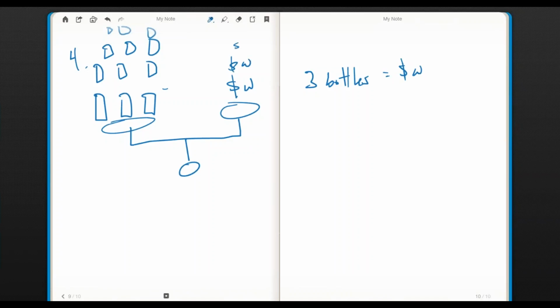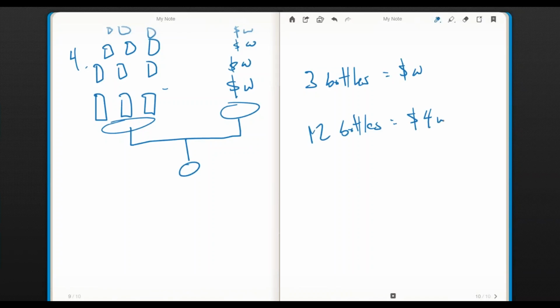Each of them is worth W. So 12 bottles is worth 4 W. W plus W plus W plus W is equal to 4 W. So that's how much 12 bottles is worth. Part A, how much does a dozen similar bottles of mineral water cost in terms of W? And the answer is 4W.